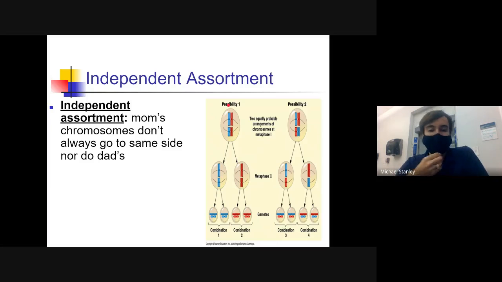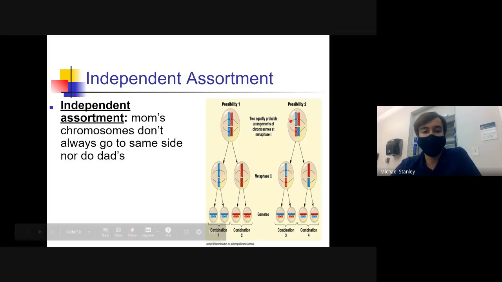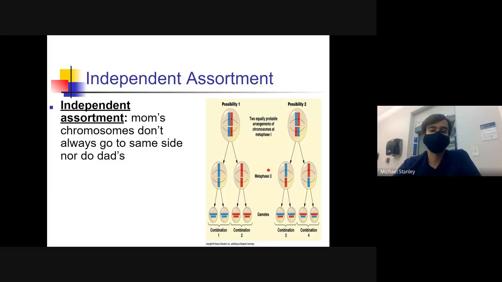So what this looks like, for example, is that here we're going through meiosis I and meiosis II. And again, we have 2 sets of chromosomes, a big and a little one. And each one has 2 copies, one from the mom and one from the dad.